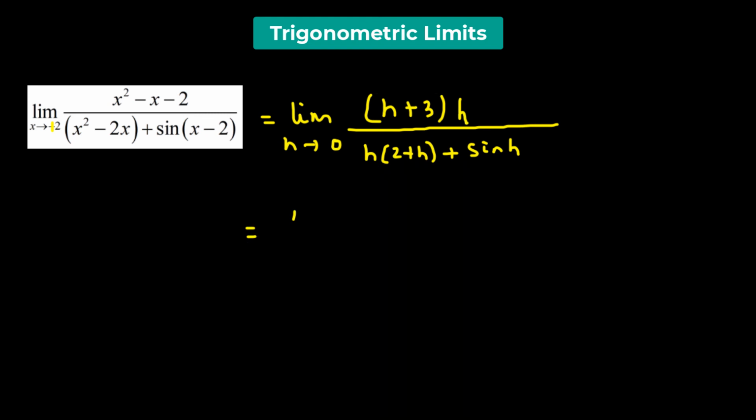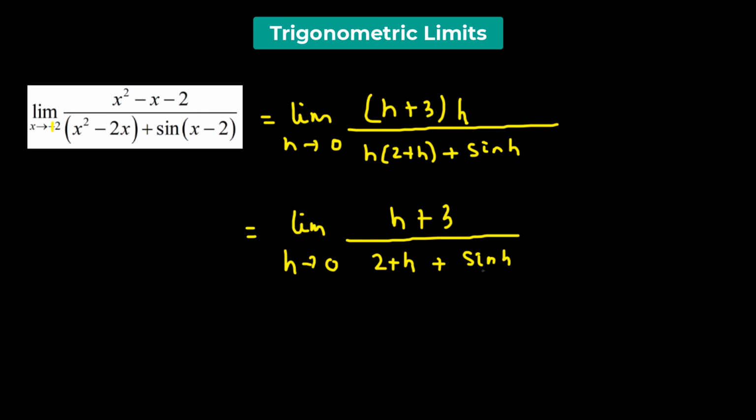So that will be limit h approaching 0. So we divide the numerator and the denominator by h. So that is going to leave us with h plus 3 in the numerator. And we have 2 plus h in the denominator plus sine h over h. Now we're going to apply the limit.